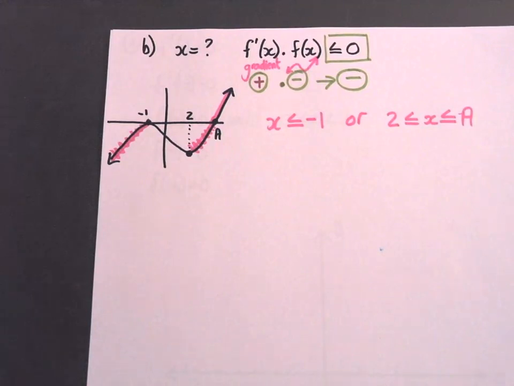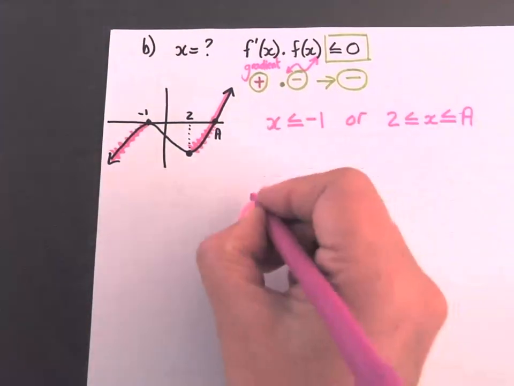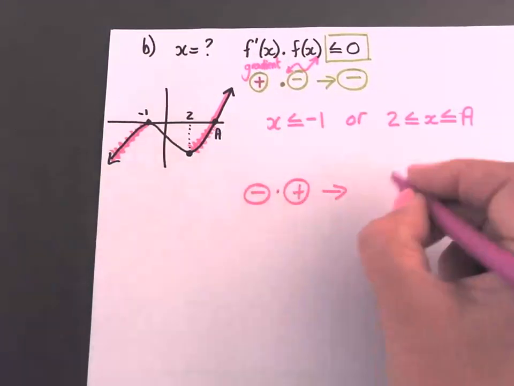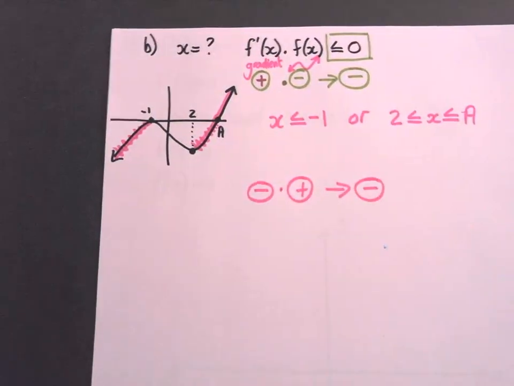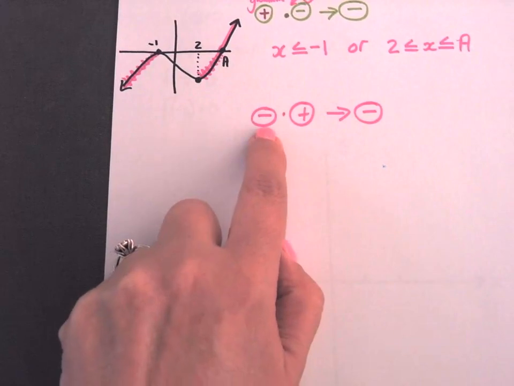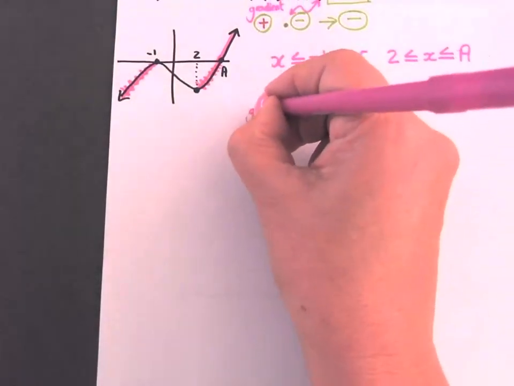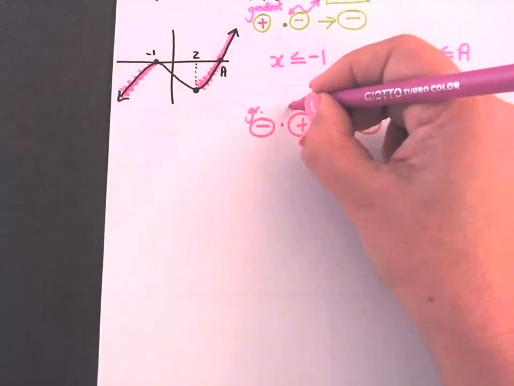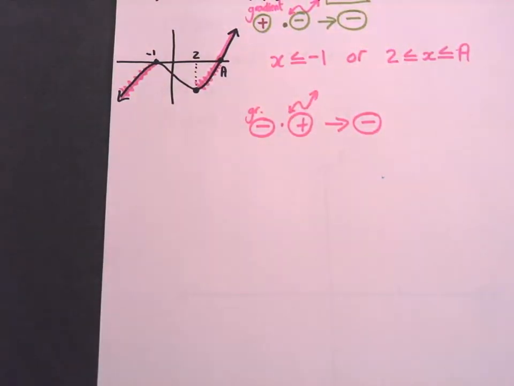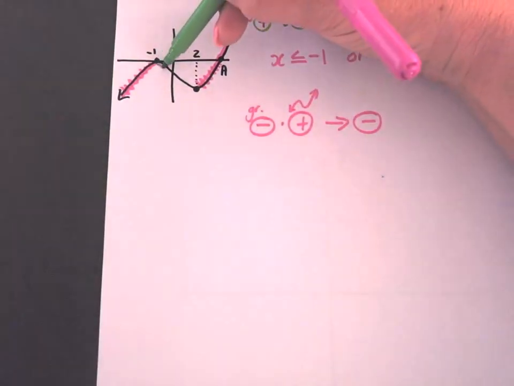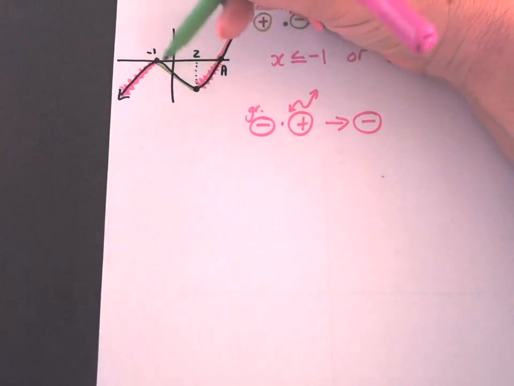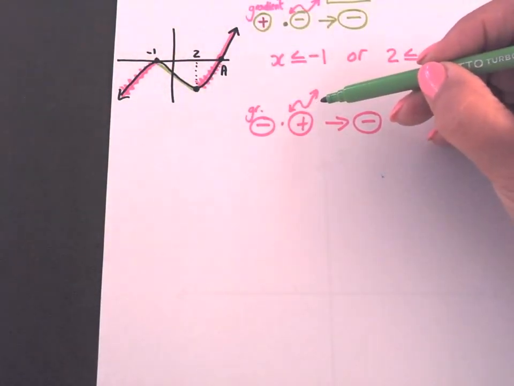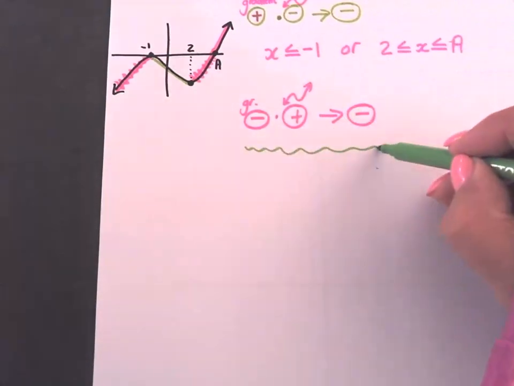But we have another option. A negative times a positive also gives me a negative. So where is the gradient negative? And where is the picture positive? The gradient is negative here. Where on that part is the picture positive? Nowhere. So this doesn't have an answer.